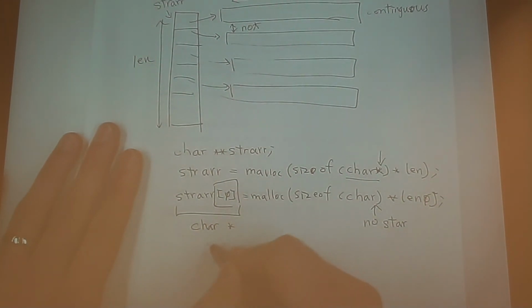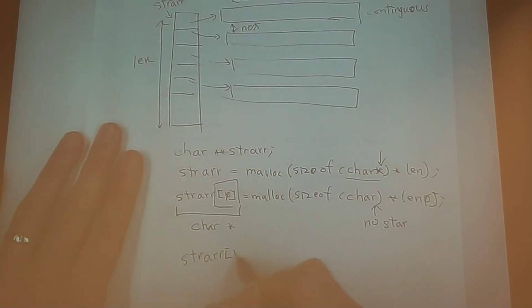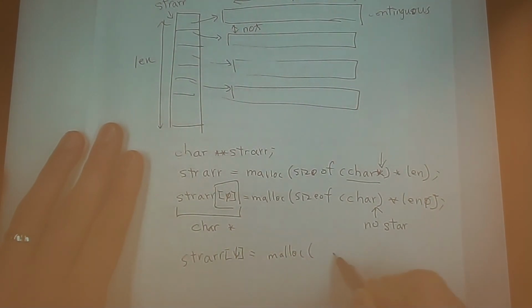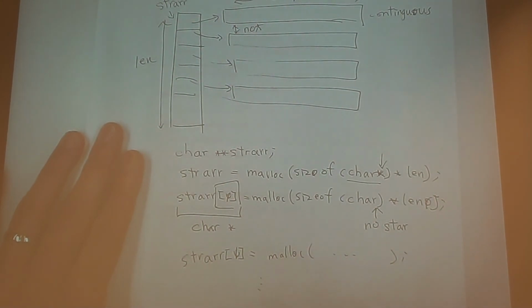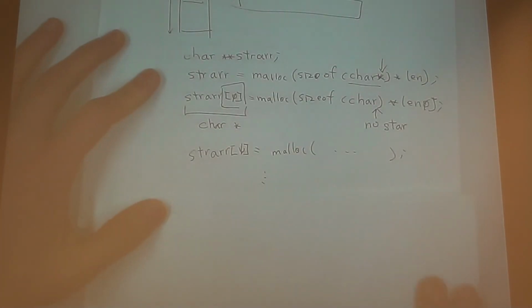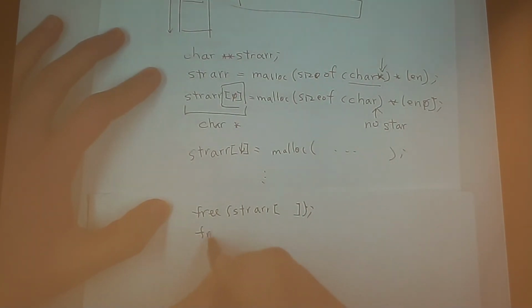And if you have many strings, you need to do str arr 1 malloc. You probably will put this inside a loop. For every malloc, you need to have a corresponding free. So later you need to say free, and you probably put that into a loop as well.